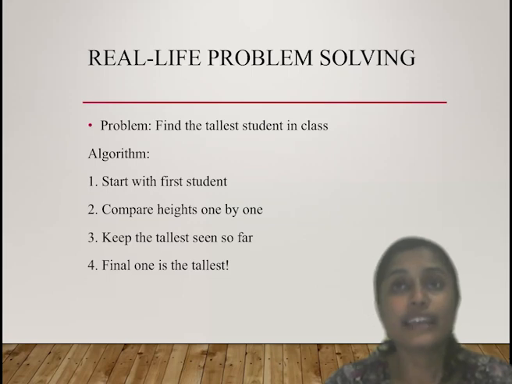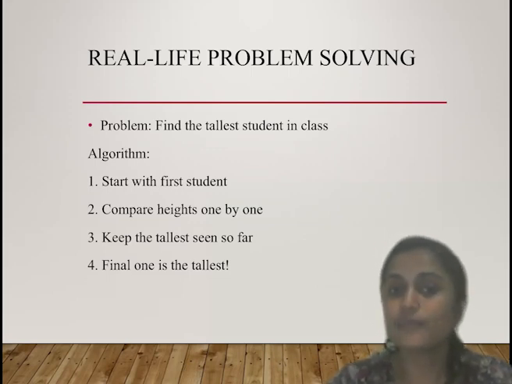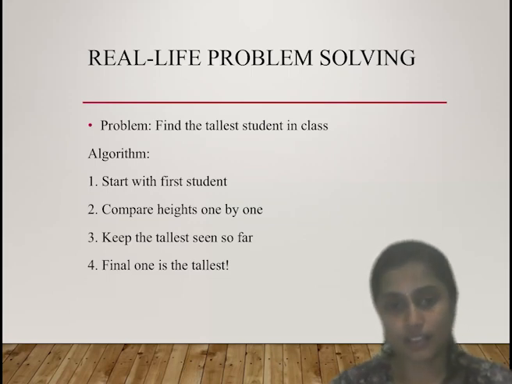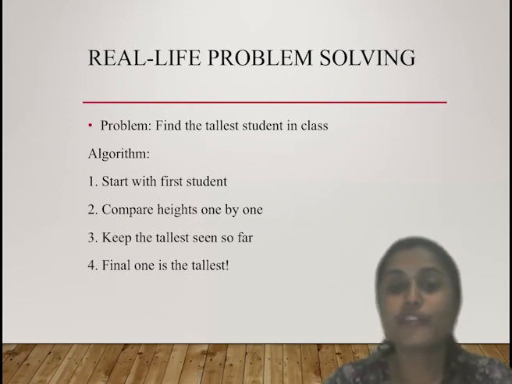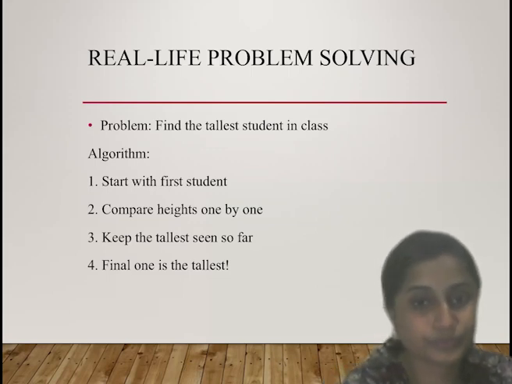If we find the second one is taller, then we set the second student as the tallest. Then we compare the second student with the next one and move on. Here we are starting with the first student, comparing the heights one by one, and keeping the tallest seen so far. The final one is the tallest. Here the problem is solved. We execute these steps, and then we find the result.